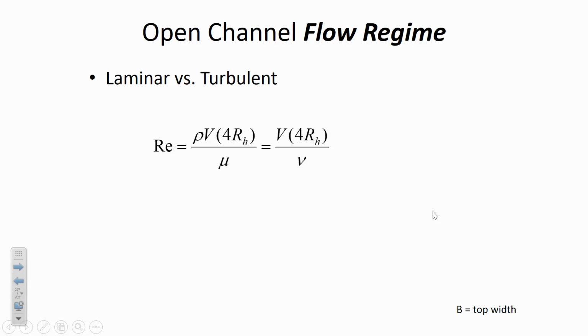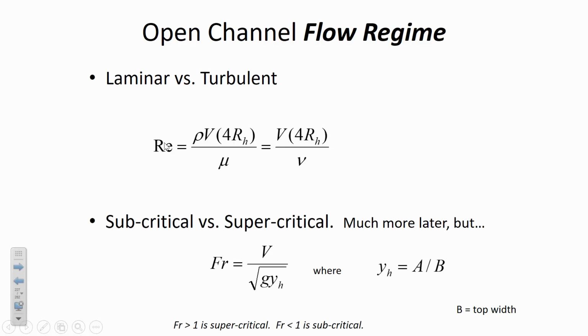One of your problems asks about flow regime. So you've already seen Reynolds number, which is laminar versus turbulent flow. Another way to classify flow is whether it's supercritical or subcritical. We're going to go into a lot of stuff about supercritical and subcritical, but it's calculated with a Froude number.